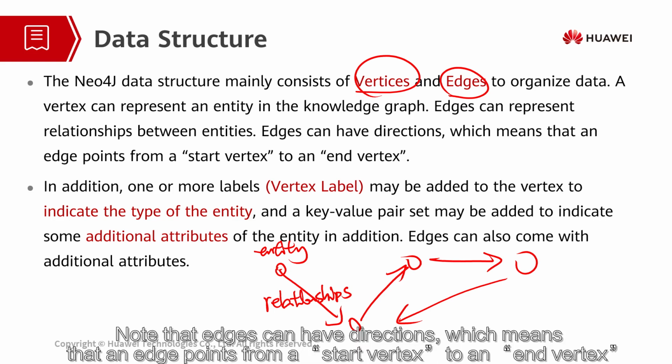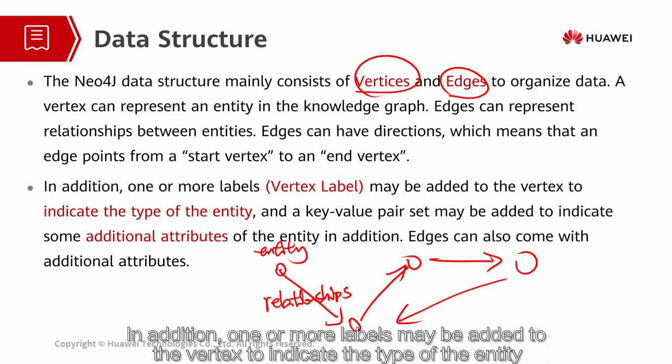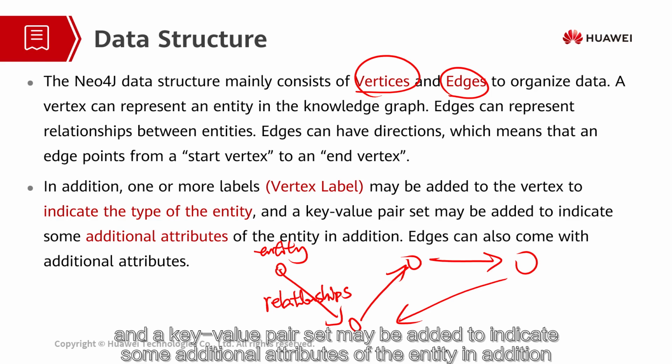Note that edges can have directions, which means that an edge points from a start vertex to an end vertex. In addition, one or more labels may be added to vertex to indicate the type of the entity, and a key value pair set may be added to indicate some additional attributes of the entity in addition.